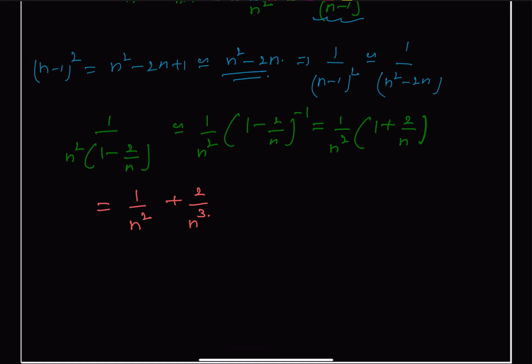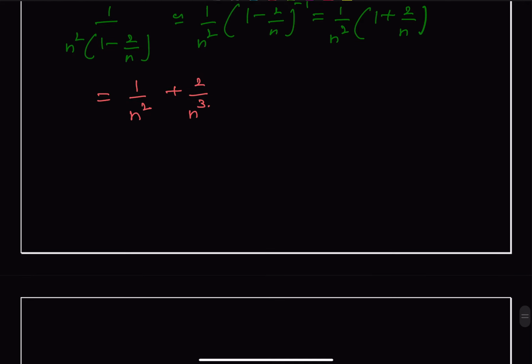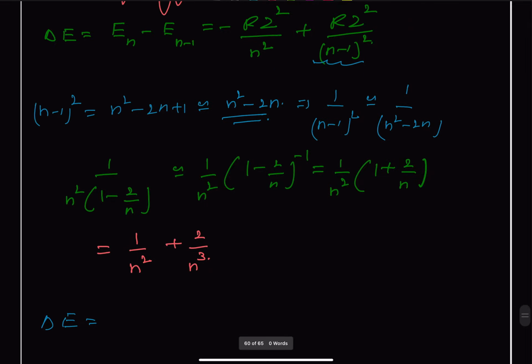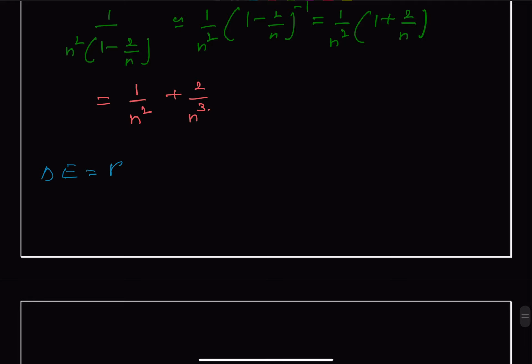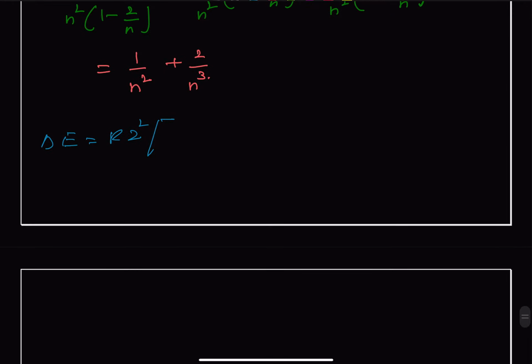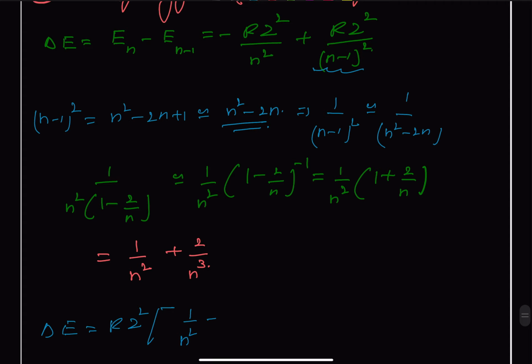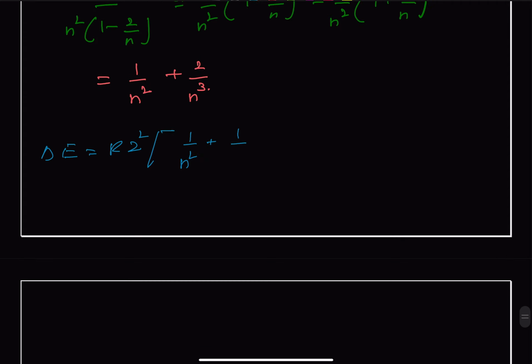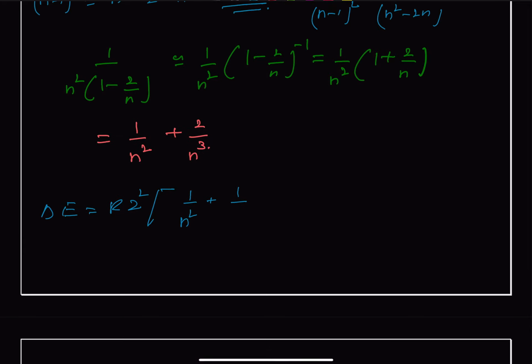So we can say our delta E is equal to R z square, we can take common, and we get this as 1 upon n square plus 2 upon n cube minus 1 upon n square.